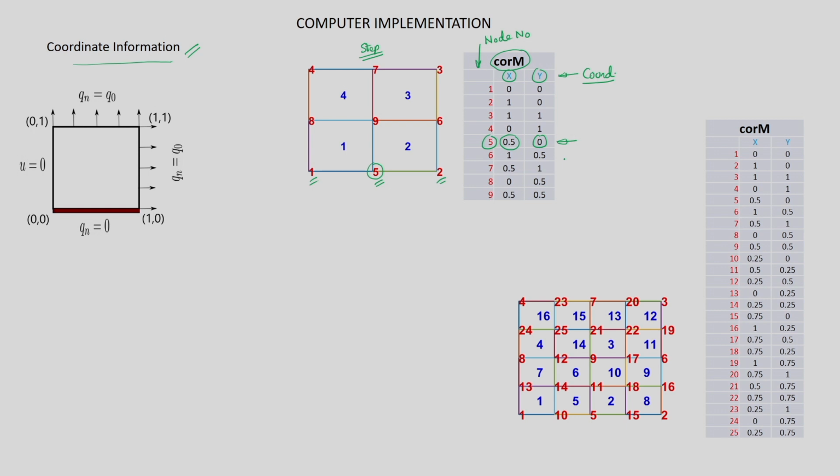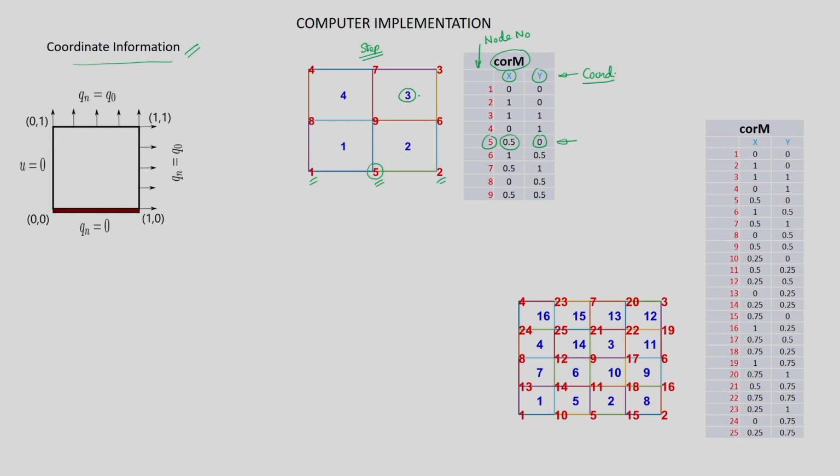So, suppose we have to move to a particular element and find out the corresponding coordinate of a local node, say I want to go to element 3 and I need to find out the local node 2 of element 3 and its coordinate, alright.